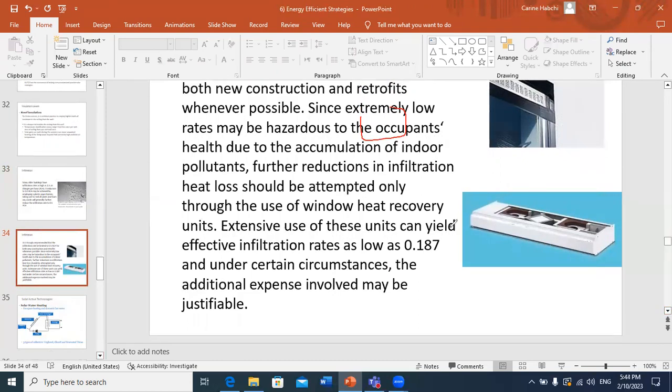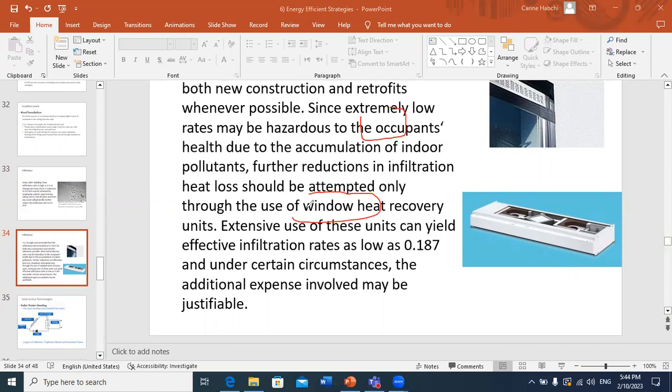If we want to go below 0.5, as we mentioned, we should study the opening and the operation of windows in a way to always have fresh air inside the room in order to avoid indoor air quality problems.